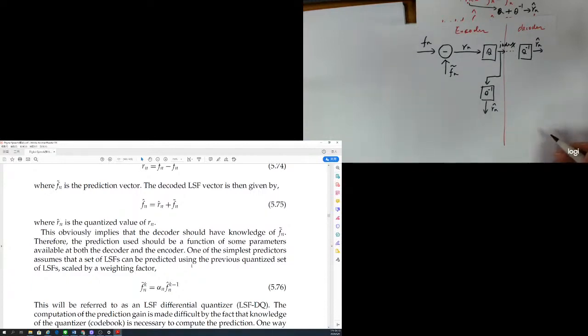And you also do the prediction. This will be a summation with what you have.